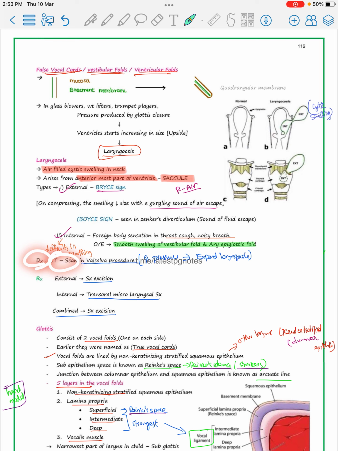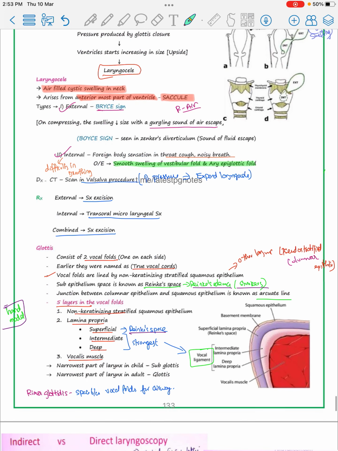If you want to take a CT scan, you should do it with a Valsalva maneuver. Due to the increased pressure, you can see the laryngocele space is a lot larger. Then surgery: external is surgical excision, whereas internal is transoral microlaryngeal surgery, through the mouth. Then combined, if it has both, you should go for surgical excision, where you can correct this also.